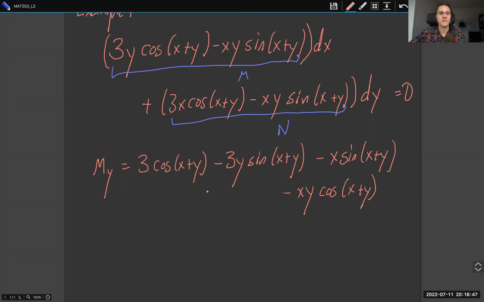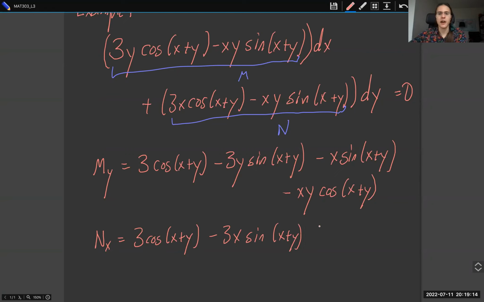Okay. And N_x is, basically, we're interchanging some x's for y's. So 3 cos(x plus y), and then minus 3x sin(x plus y).